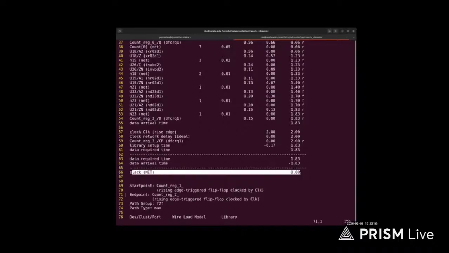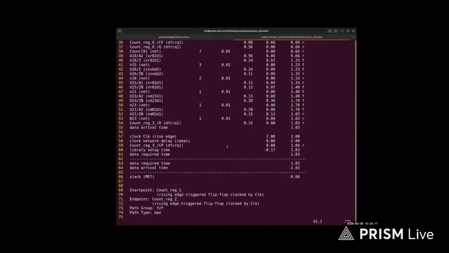Vineet was asking this question, right? What if the data arrival time and required time are the same? Yes, sir. It's the same thing that you asked that is coming here. What I'm trying to say is, this is the most critical path. The critical path is the longest path among the designs.